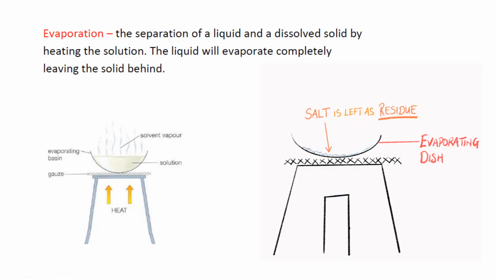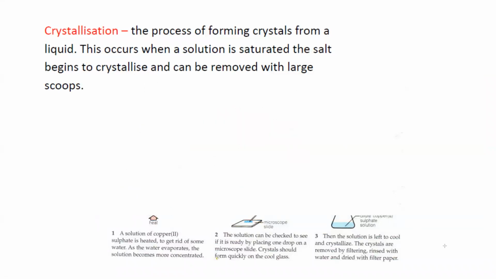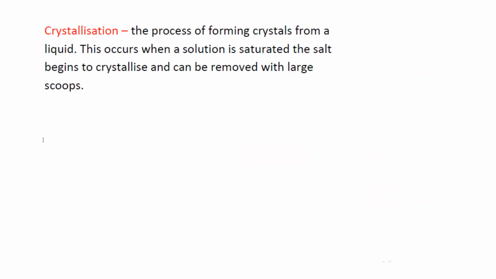But if you want to save time and do it in a short time, we can use a technique which we call crystallization. So what do we do in this technique? In crystallization, first we have a salt solution. You have to learn the steps of crystallization.